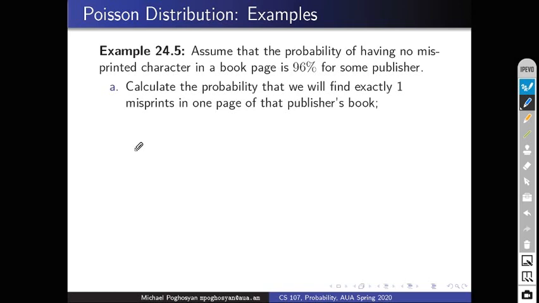Okay, so what we have? Let X be the number of misprinted characters per page.